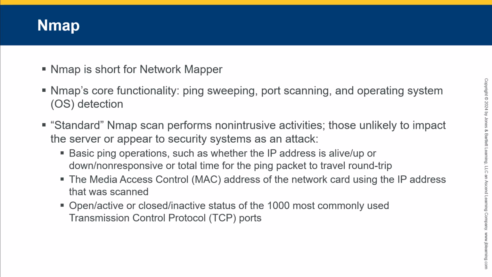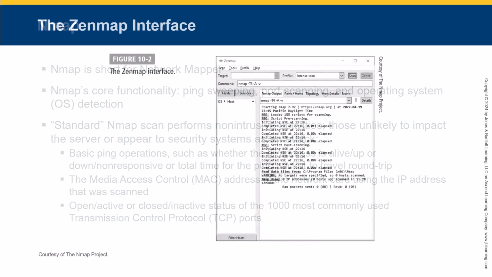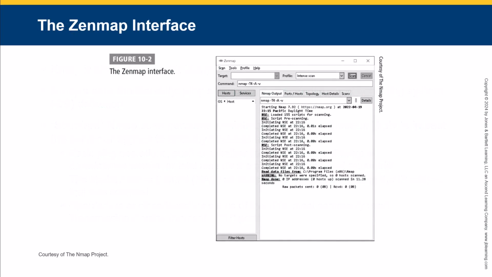Alright, the graphical version of Nmap is Zenmap. You'll notice I'm going to grab my pen real quick. The command will use an Nmap command, and you can just change graphically the profile type, and depending on the profile type, that changes the command that you use.